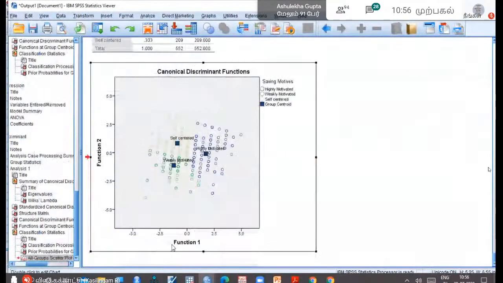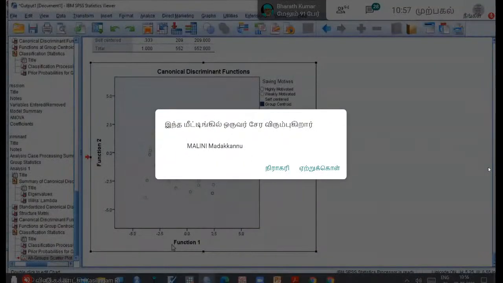Now we will look at this diagram. Right here in this diagram, it may not be visible. Normally every time, because all are in a circle, you have to change the design or change the color.